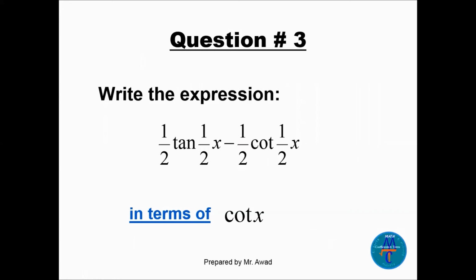Let's say 2 minus cotan of x or something, but we don't have to have any other function with the cotan. Compose and think. How can we do this? This is half tan half of x, this is the argument here, half of x minus half cotan. I don't know if it's easy or not, but I will show you in this question 2 methods.